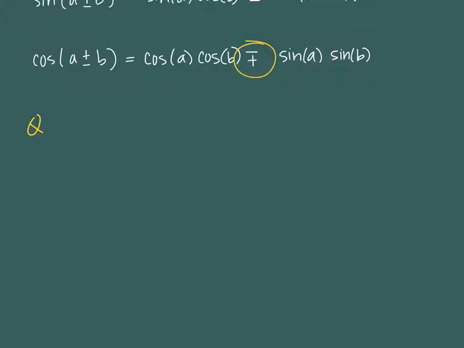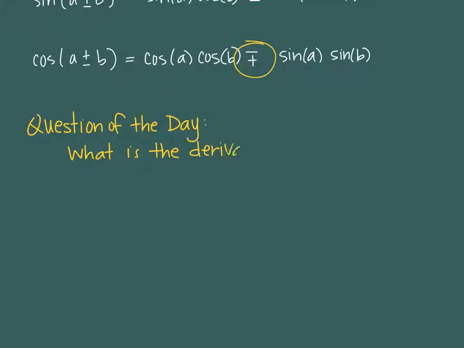All right, so this is our question of the day. What is the derivative of sine? Well, we don't have a power rule or a quotient rule or a product rule to help us out with this.